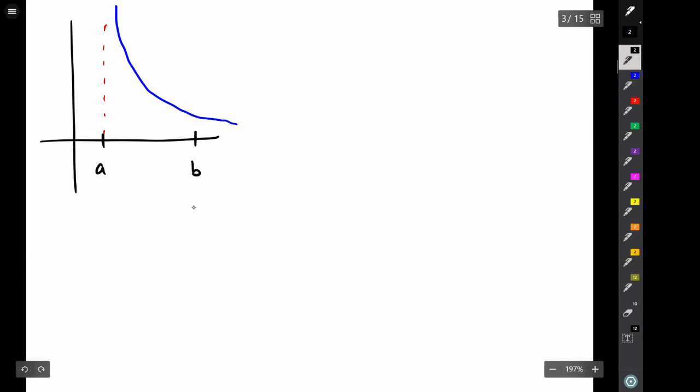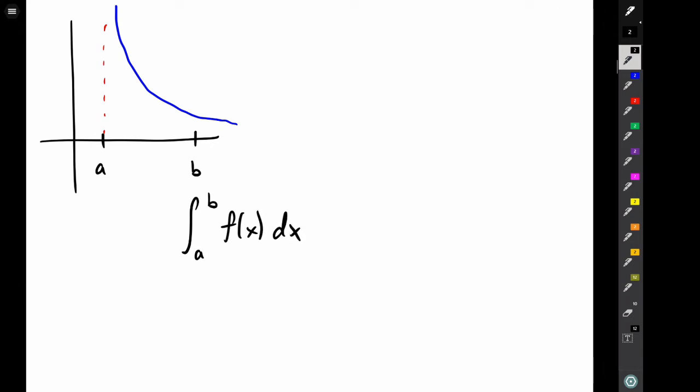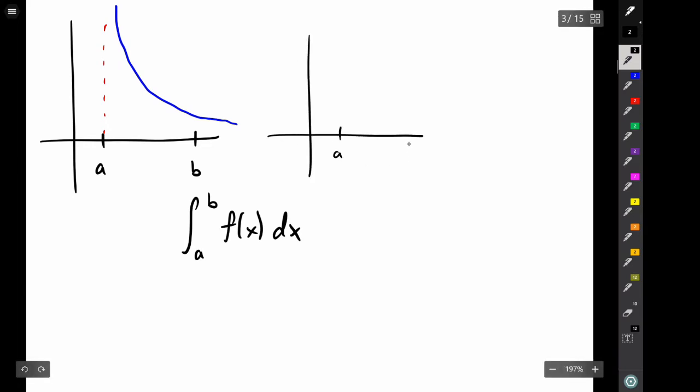In all cases here, the integral from a to b of f of x dx could be considered improper. So this is one where it goes off to infinity here. Another one, maybe instead of having the asymptote at a, it could have an asymptote at b.